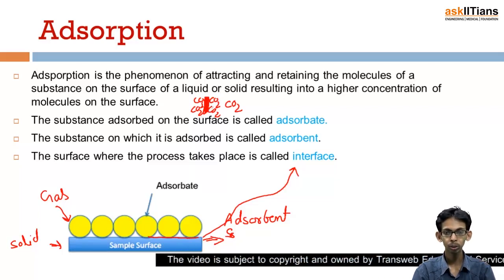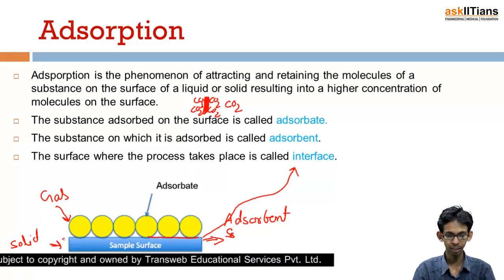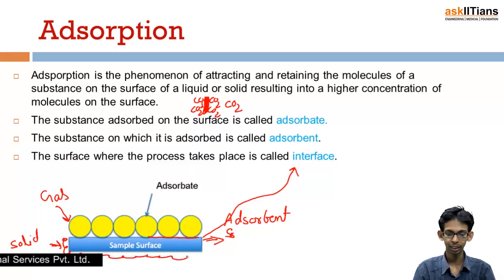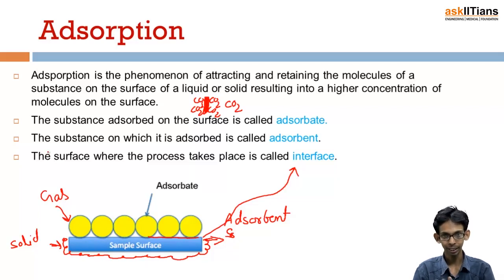The concentration of the molecules is high on the surface and very low in the bulk. Again, adsorption is the process in which the molecules of a substance are attached on the surface of another substance, only on the surface and not in the bulk. The substance which is adsorbed is called the adsorbate, the substance on which adsorption takes place is called the adsorbent, and the surface is called the interface.